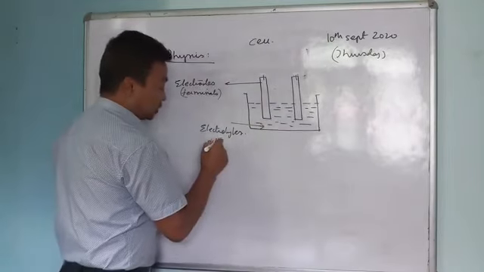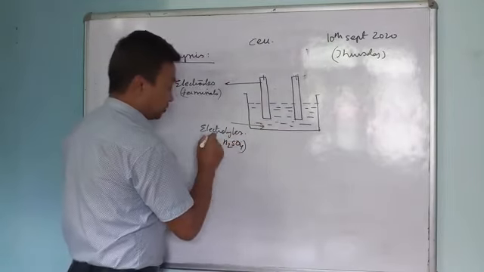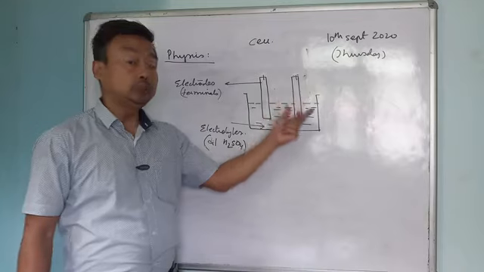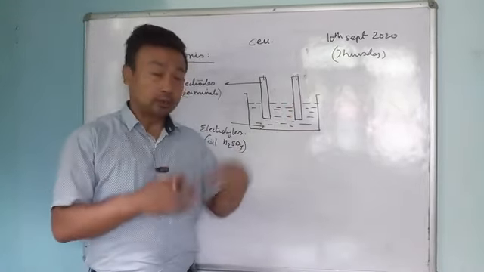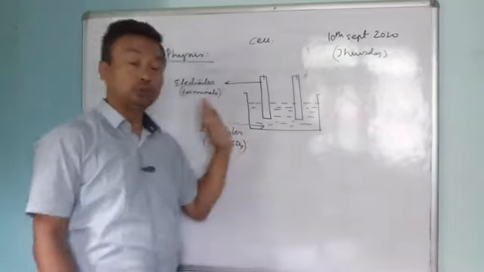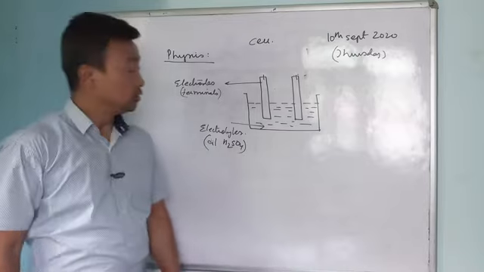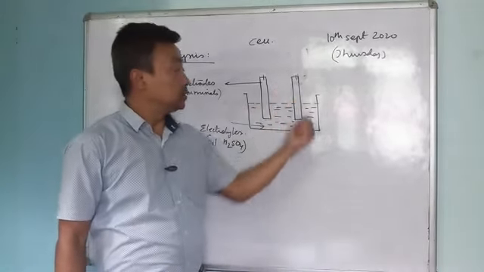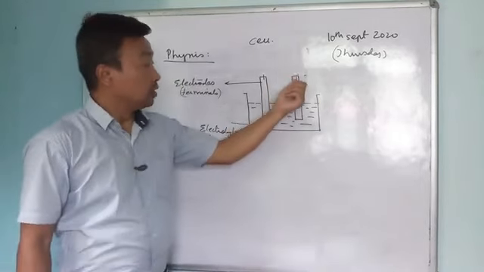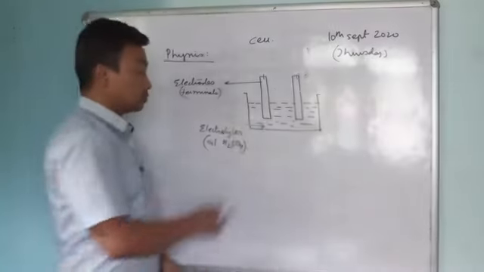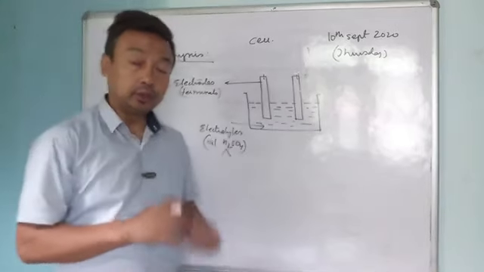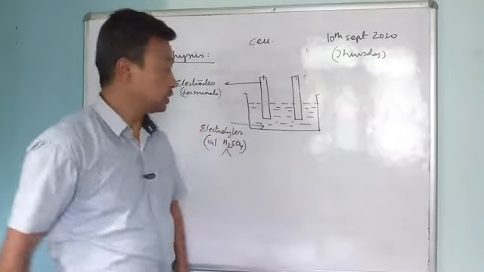Usually the electrolyte is taken as dilute sulfuric acid, H2SO4. When the electrolyte is put inside, a chemical reaction takes place, and there will be a dissociation into two kinds of ions, the positive ions and the negative ions. The two electrodes are usually made of metals, copper or usually zinc.